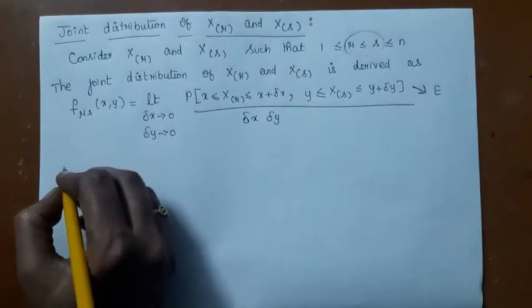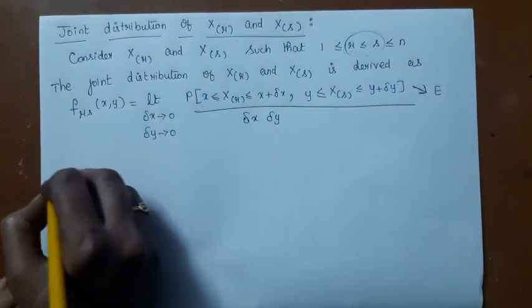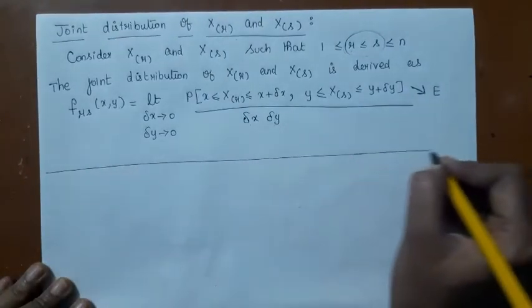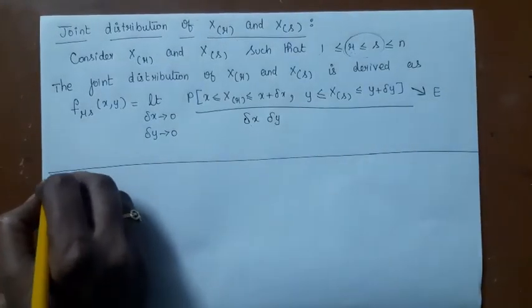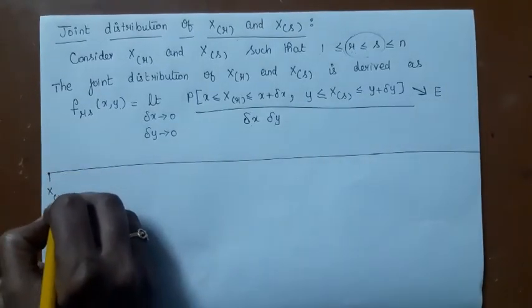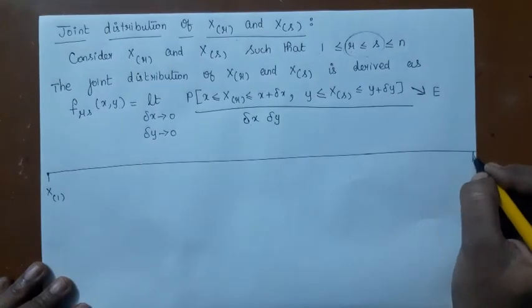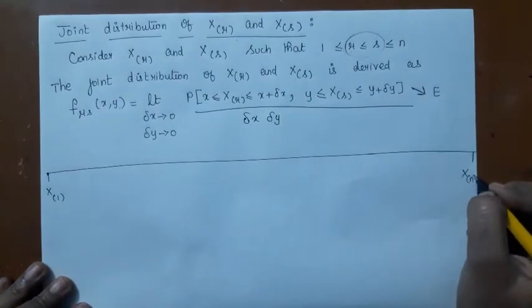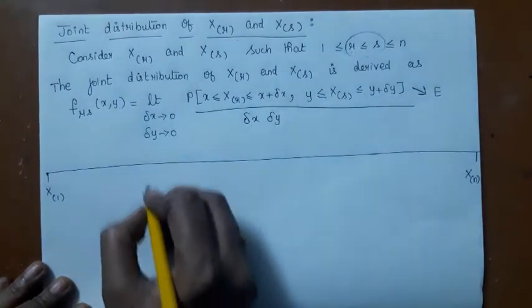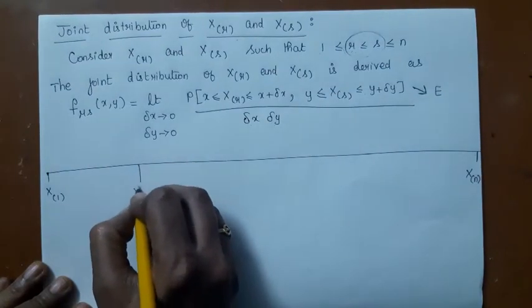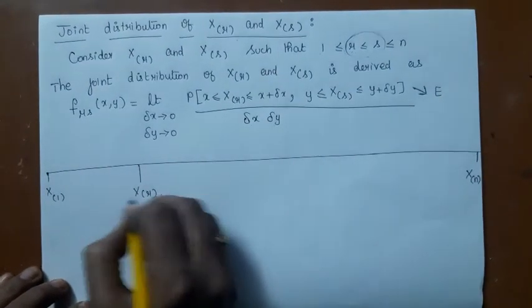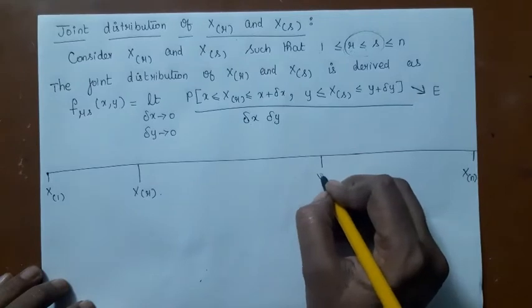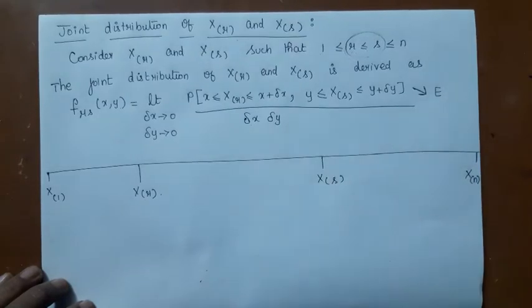Now, I am going to describe the event by means of a line array. I have the first order statistic X1 here, and this is my nth order statistic Xn. The rth order statistic is somewhere here, and the sth order statistic is somewhere here.